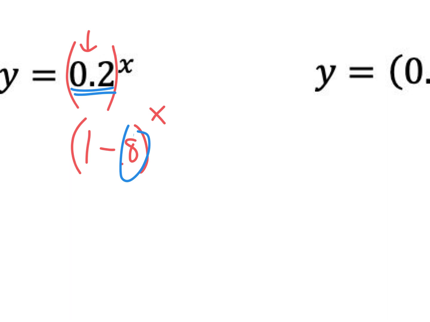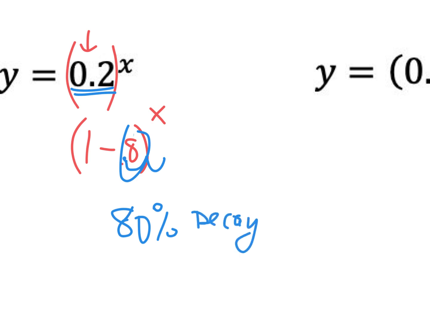And then this is your decay rate. 8% decay? Wrong. What is it? 0.8. You got to move the decimal 2 spots. What percent decay is that? 80% decay. At a minimum, can you agree that we always move the decimal 2 spots?